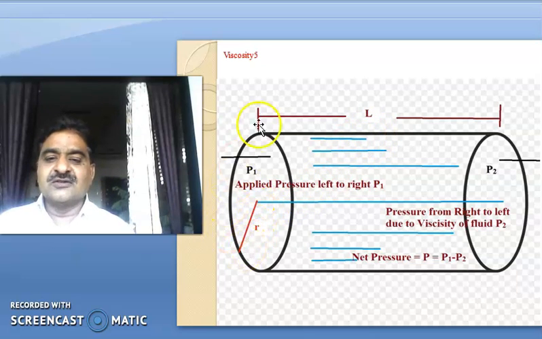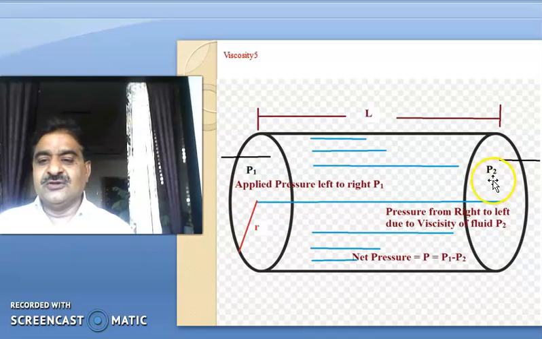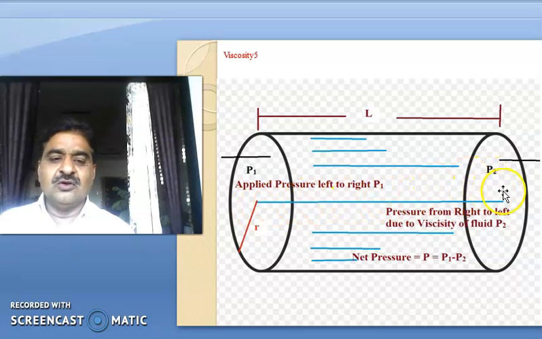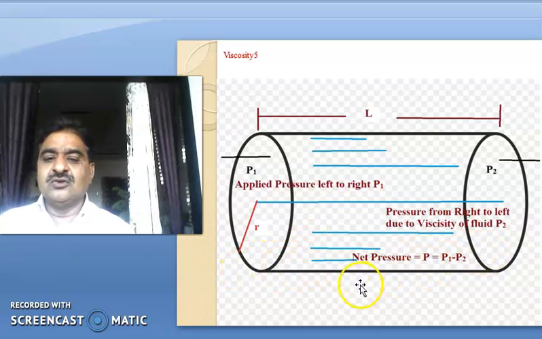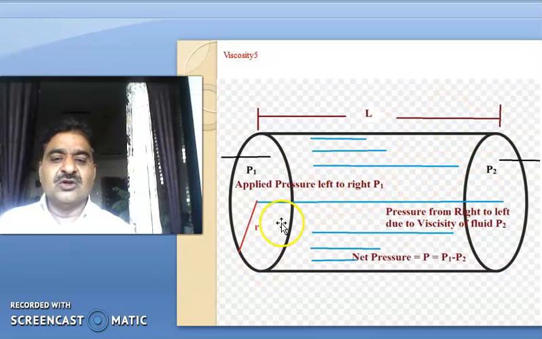Small r is the radius of the pipe, and this r is uniform throughout the pipe, so that we can say there exists the same pressure on every cross section area, and this tube must be placed horizontal so that there should not be an effect of gravity on any cross section. Got it? So these are the 4 assumptions you remember for deriving Poiseuille's equation. And remember the position of the tube is also horizontal.